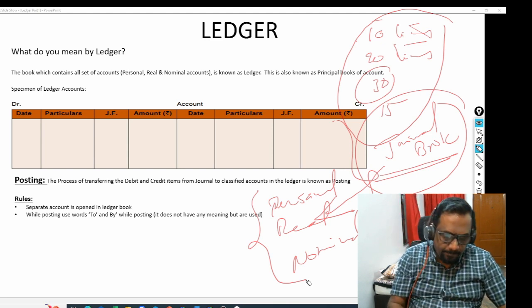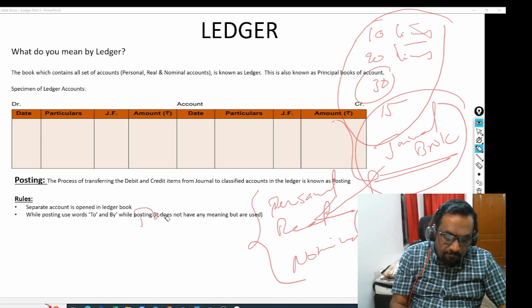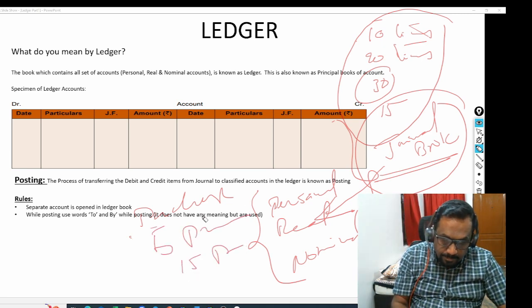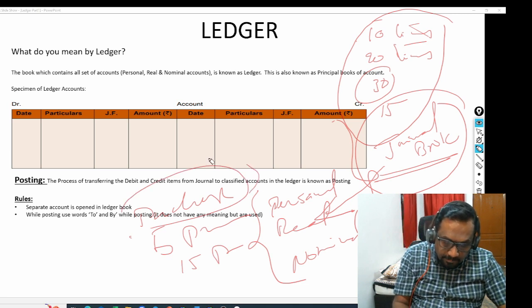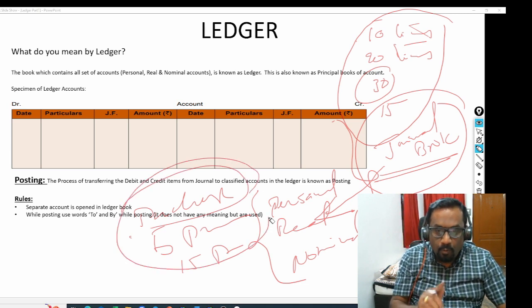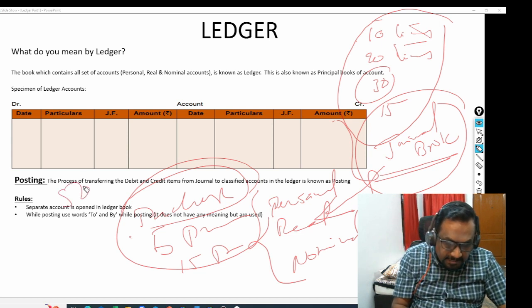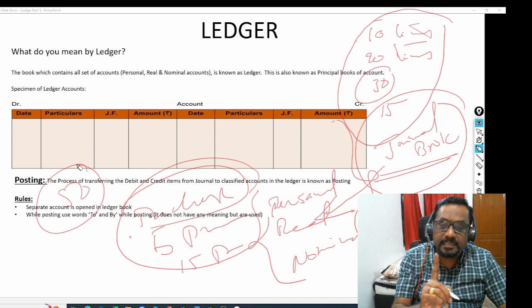For example, first page I have one purchase. Second page I have 5 purchases. Third page I have 15 purchases. Do I need to maintain 21 purchase accounts? No. One purchase account you need to maintain. If I have 50 sales transactions, you need to maintain one sales account.